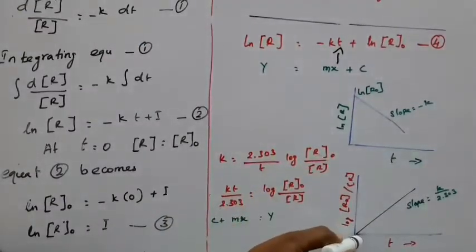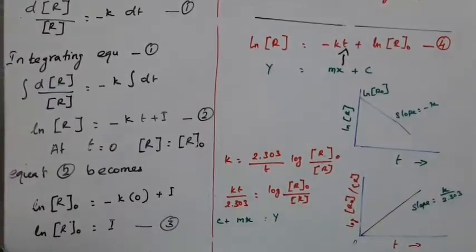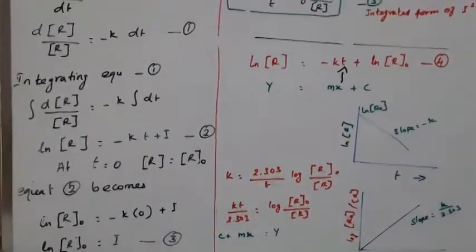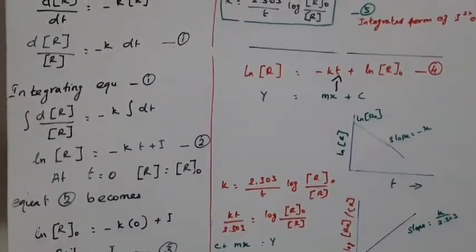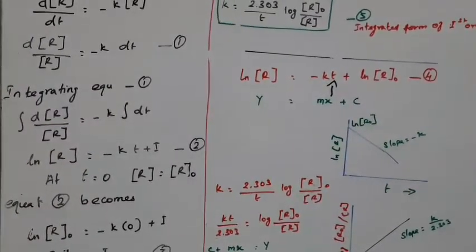Here it starts from the origin itself and the graph increases, with slope k/2.3.